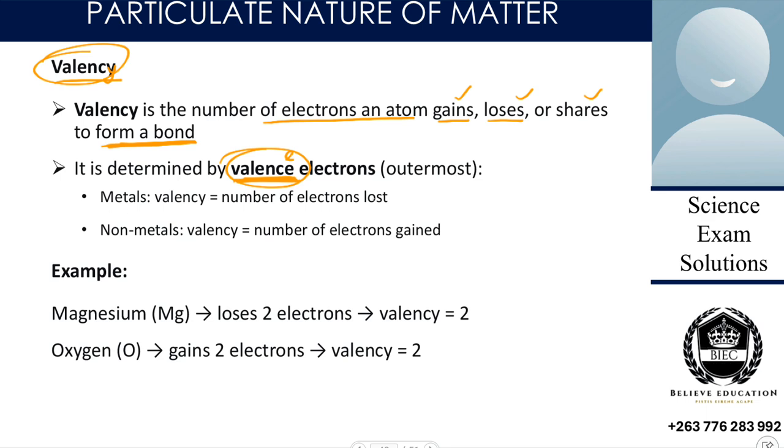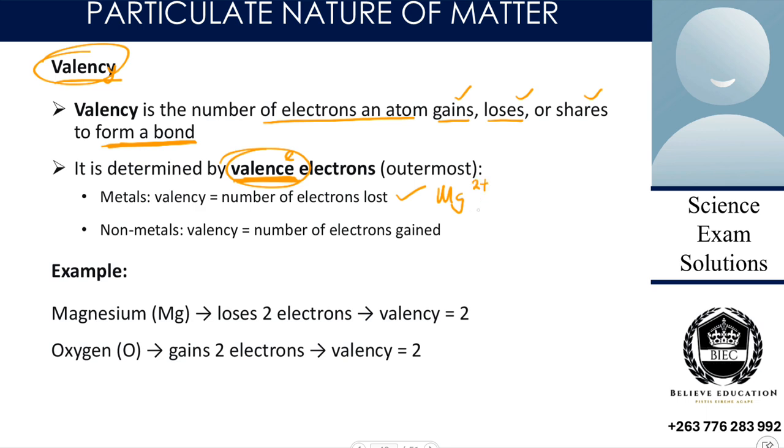Then metals have a valency. The valency is equal to the number of electrons lost. Let's say for a metal, for Mg it's 2, to form 2 plus.